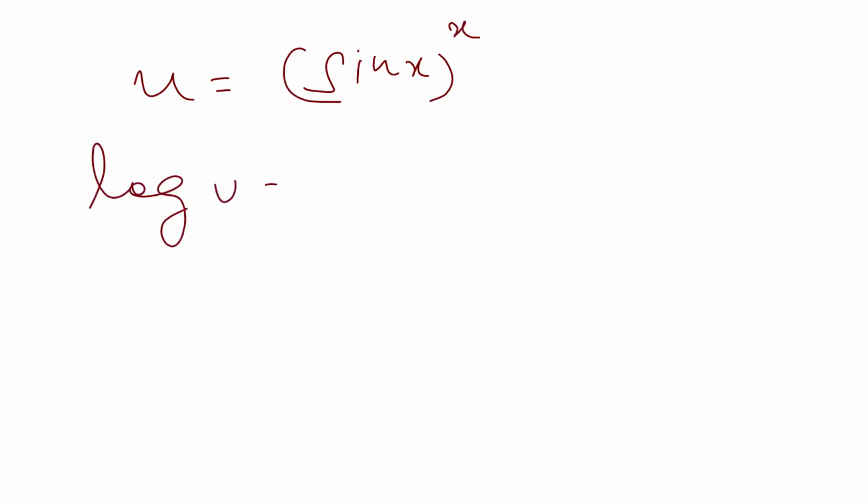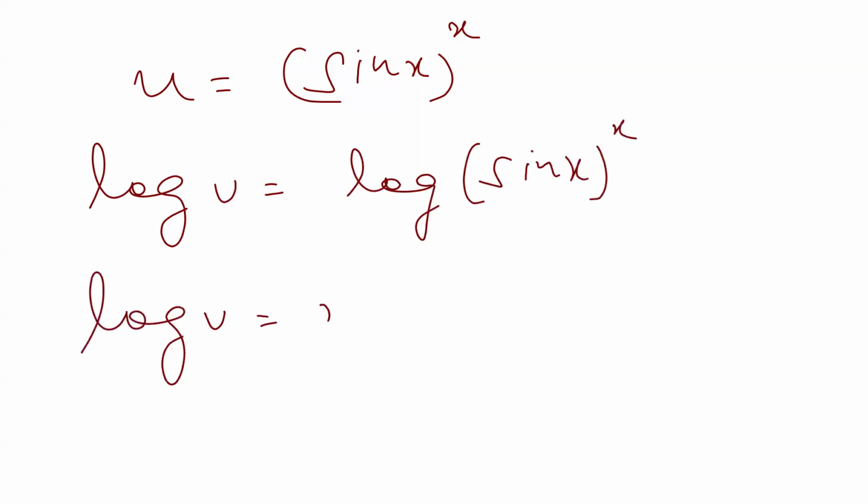So I'll start with u. U is equal to sin x the whole raised to x, base with x and power with x on the right hand side. So taking log on both the sides, log u equals x log sin x.